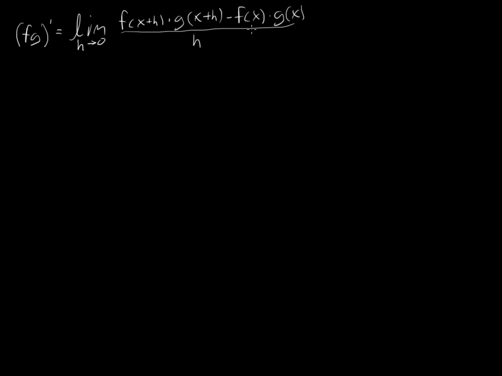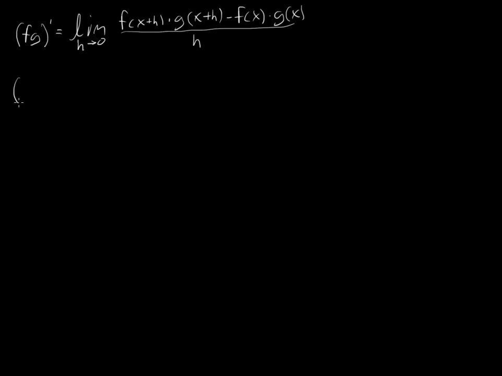At first glance, it doesn't seem like this helps us at all. So what we're going to do is add and subtract f of x plus h times g of x, and that is going to allow us to do some algebraic manipulation which defines this proof.